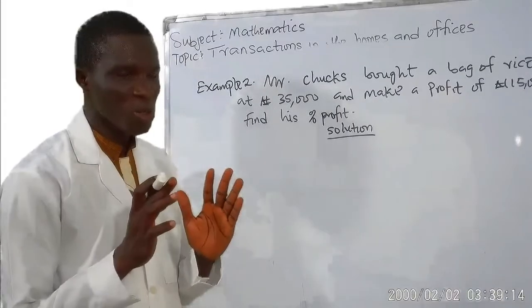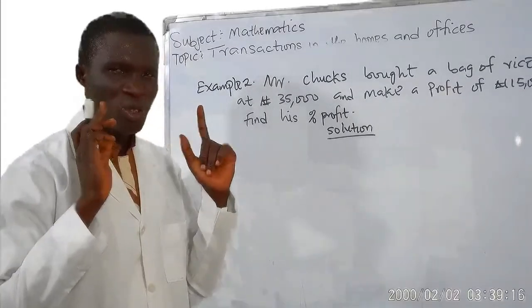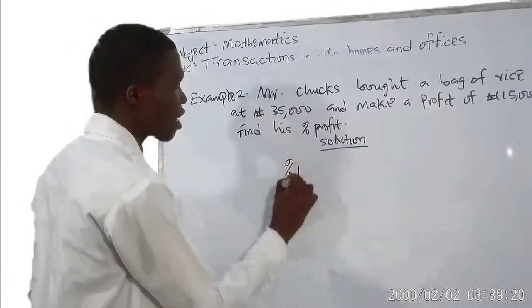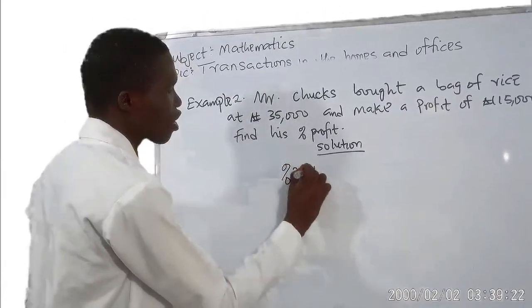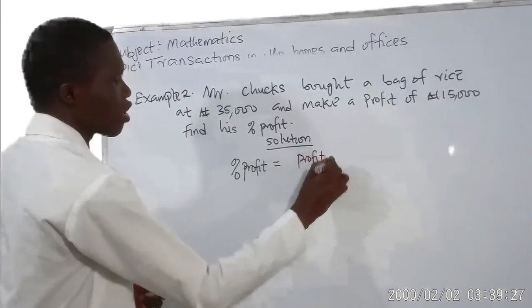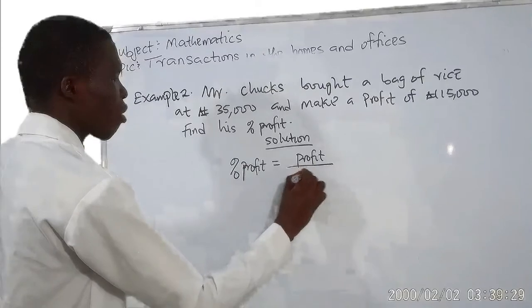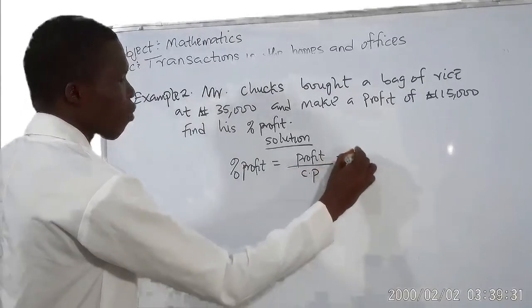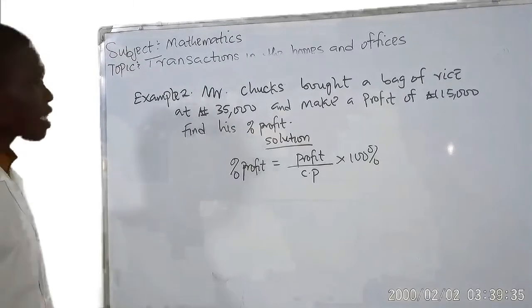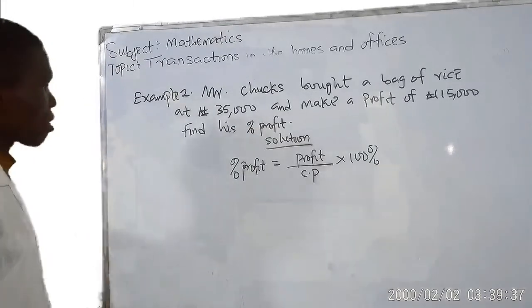The first thing to do is think of the formula to use. So let's take a look at this formula. Percentage profit equals profit divided by cost price multiplied by 100%. So let's bring out our parameters.